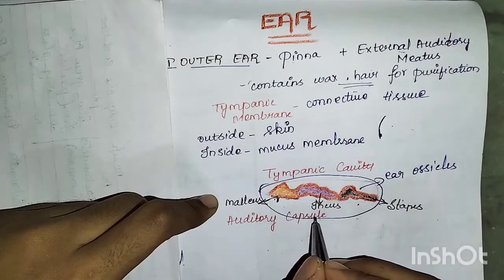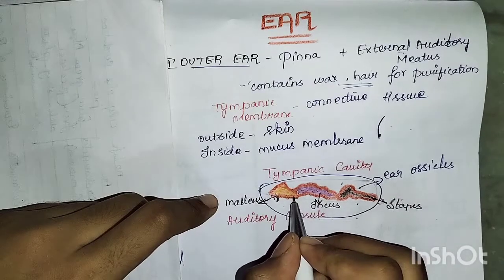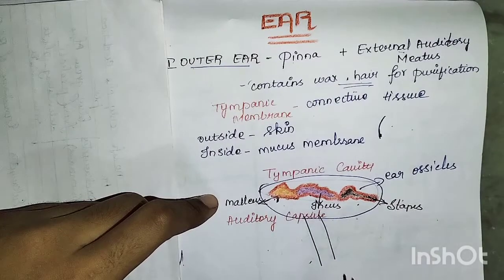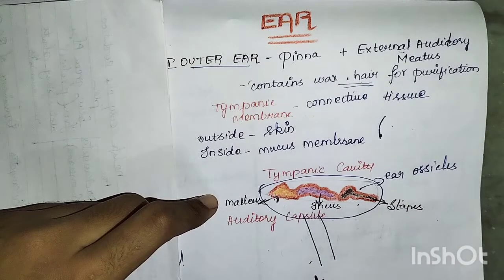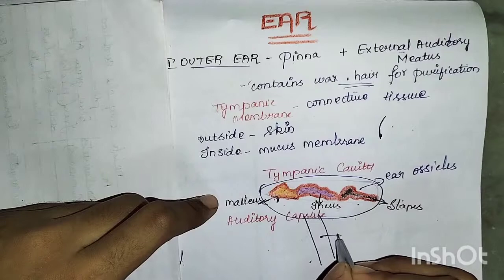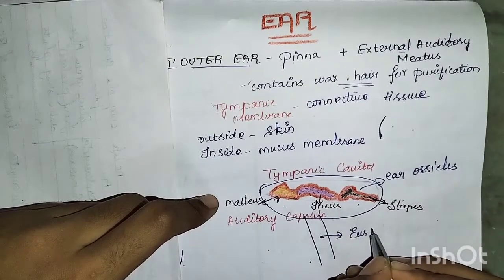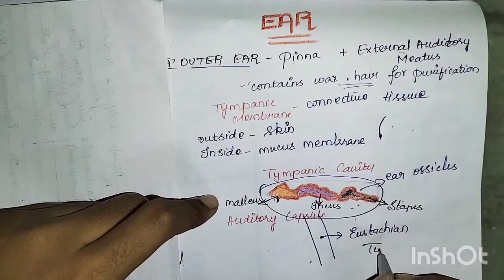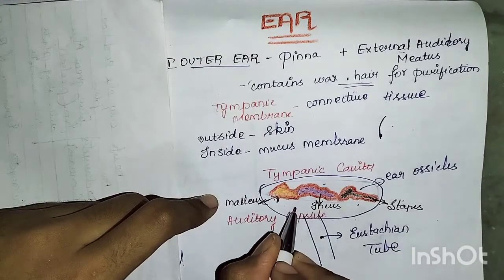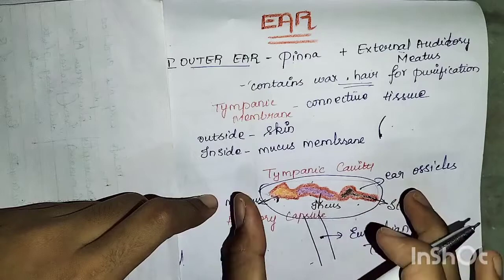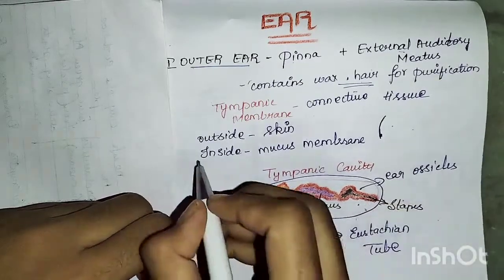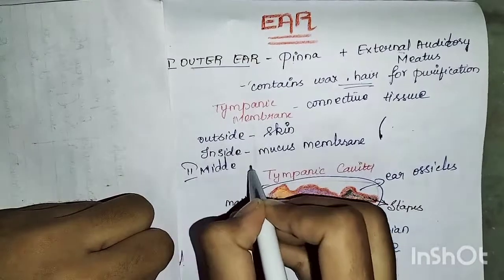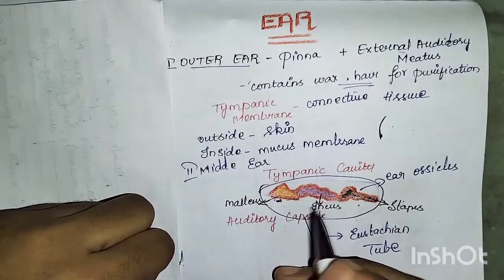Now here this tympanic cavity extends and connects to the pharynx through the Eustachian tube. This tympanic cavity is the middle ear. The middle ear consists of the tympanic cavity.